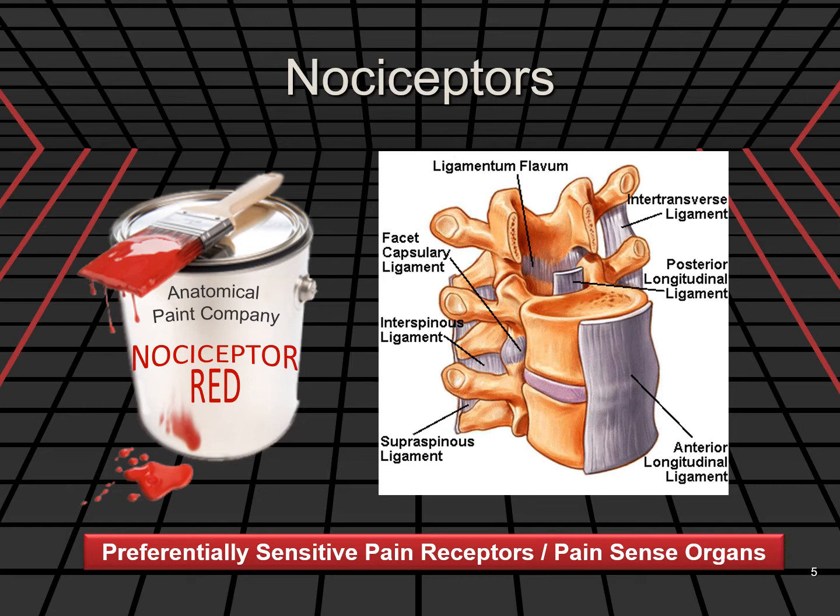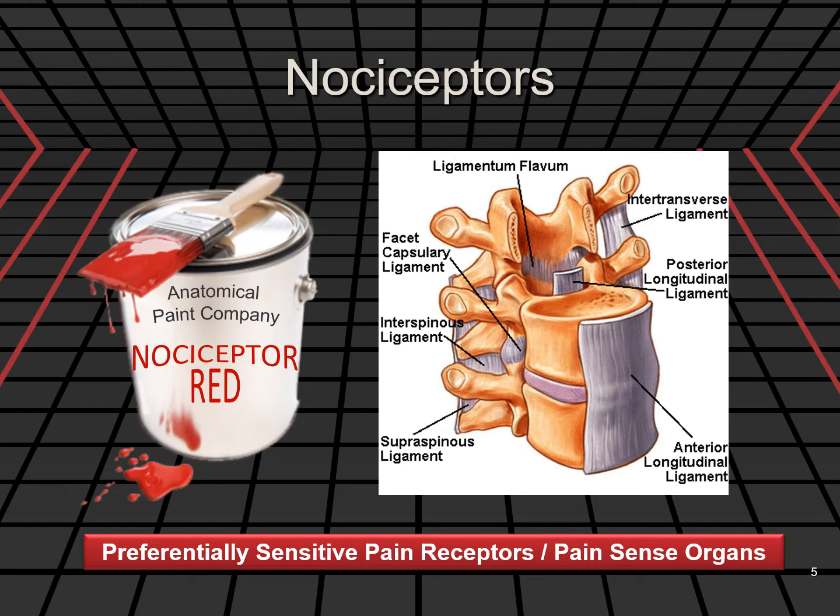All right, so nociceptors. This is just a cute little demonstration of how ubiquitous the nociceptors are. Soft tissue, anywhere, you name it, you've got nociceptors, which are the terminal pain sense organs that interpret what's going on with the tissues. Some of them are chemical, thermal, mechanical, pressure. Just depends what's happened to the tissue. But if you were to take that fake nociceptor red paint and paint all those ligaments, that's how entrenched they are with nociceptors.